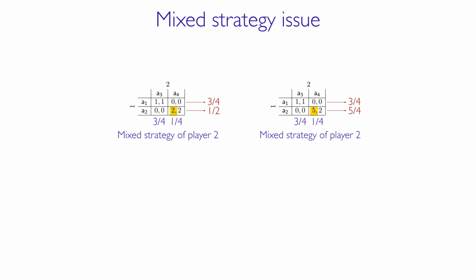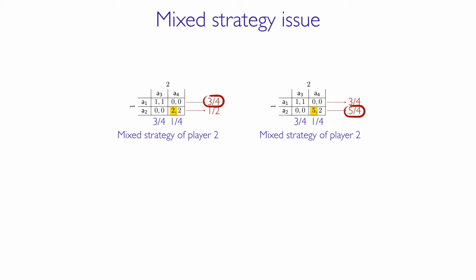In the left game, A1 gives a utility of 3/4 and A2 gives a utility of 1/2. In the right game, A1 gives a utility of 3/4 and action A2 gives a utility of 5/4.